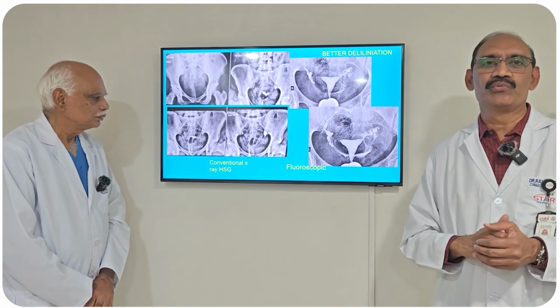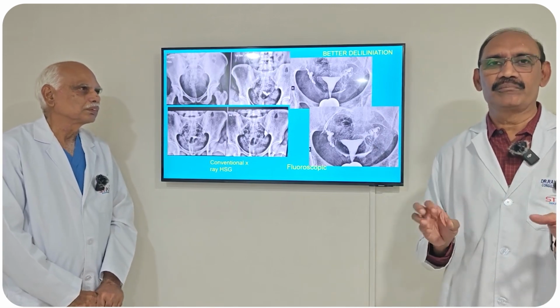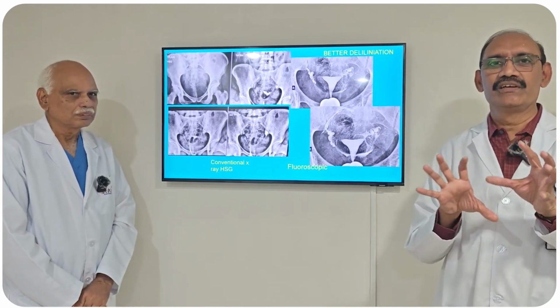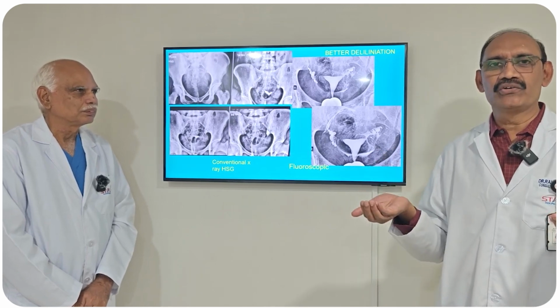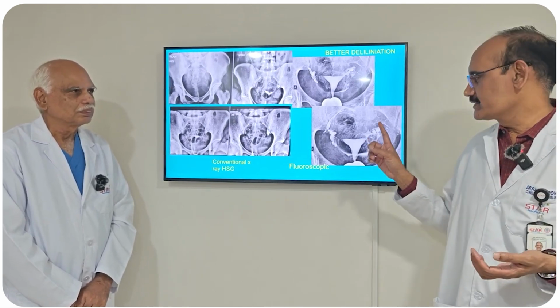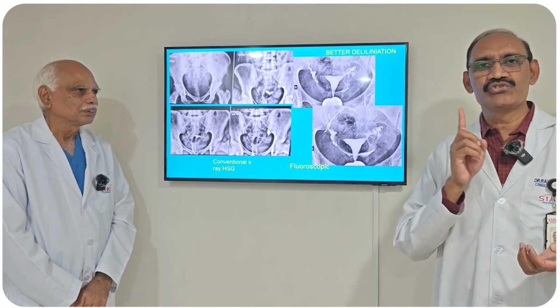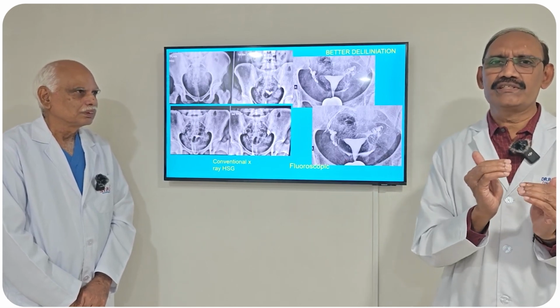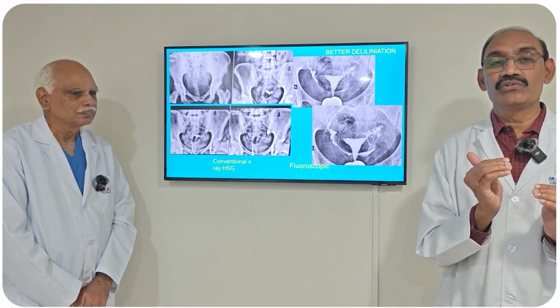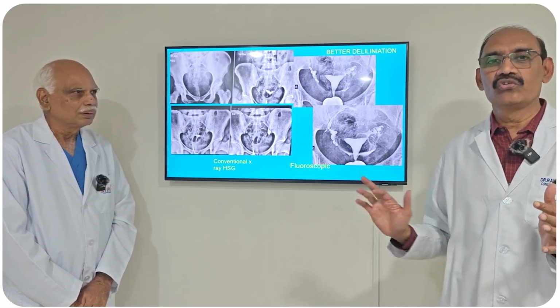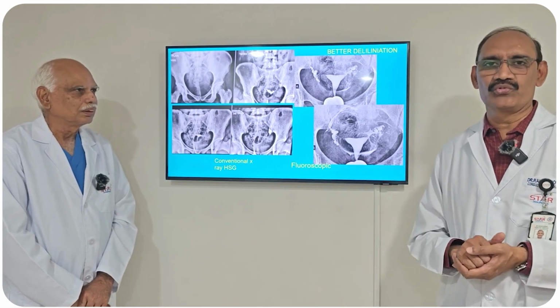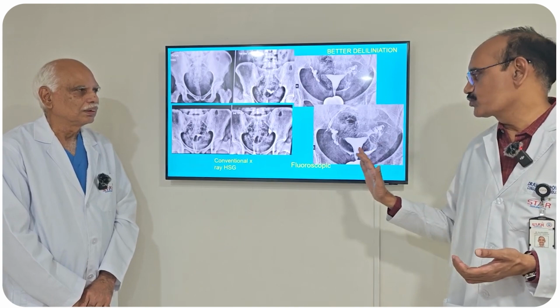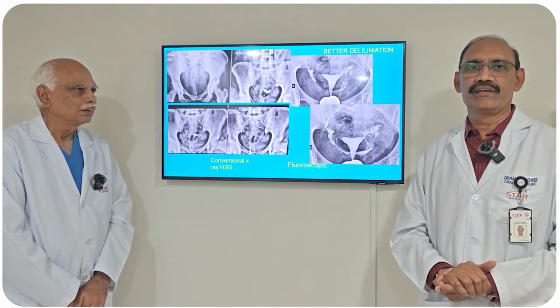Whereas in fluoroscopy, we get real time, how the contrast is going inside, opacifying the uterus, showing the tubes, whether patent or not, everything is seen. So fluoroscopy should always be done. Though the cost is slightly more, we should not get it done under a normal conventional X-ray. That is the advantage of fluoroscopy over the conventional HSG.